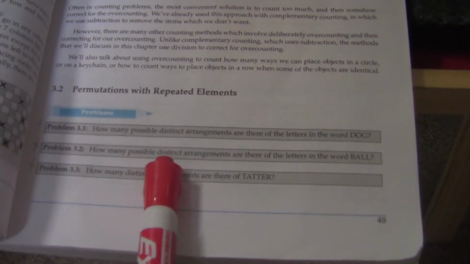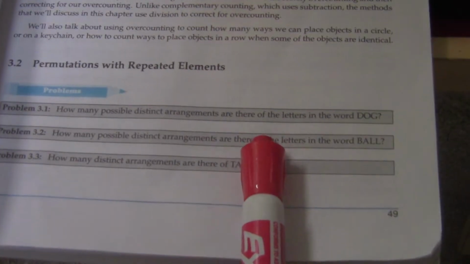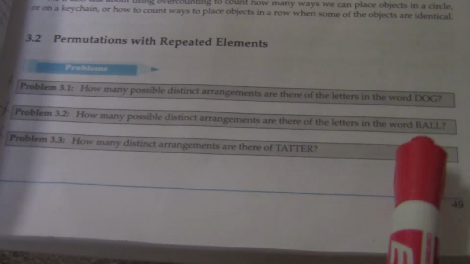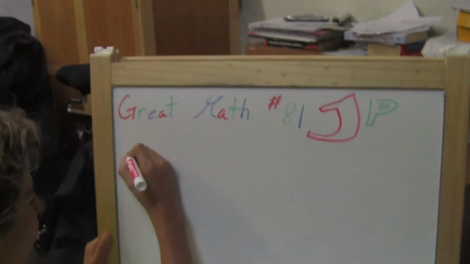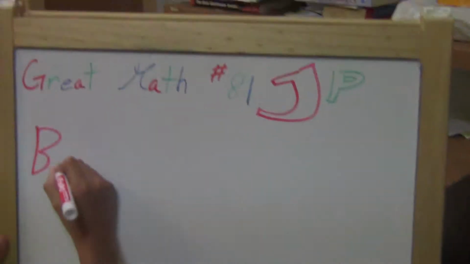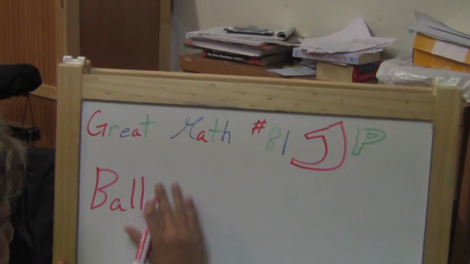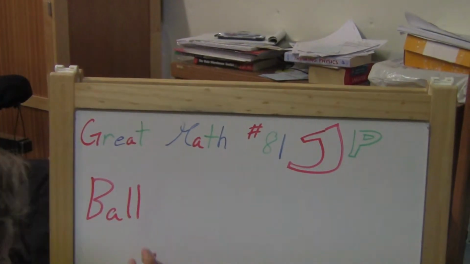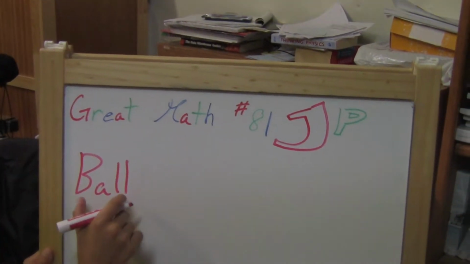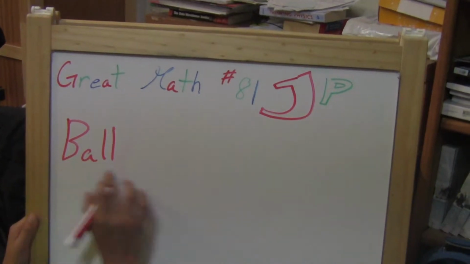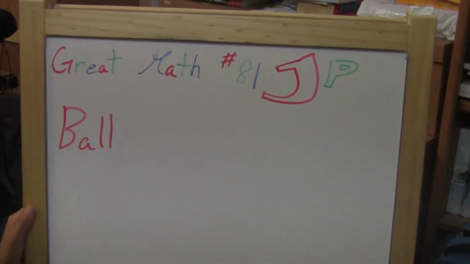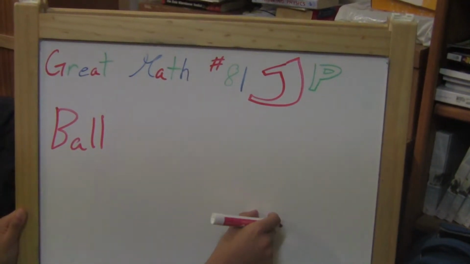How many possible distinct arrangements are there of the letters in the word ball? Okay, so the word ball. Now you would think, okay, we can think of 4 slots now: 1, 2, 3, 4.